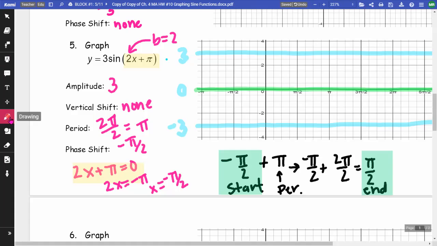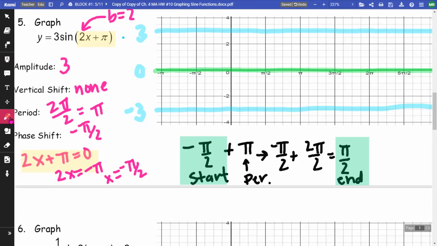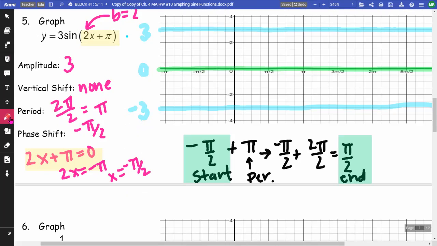So when I'm graphing these, I'm going to be starting at negative pi halves. That's my start. So that's going to be my 0. I am going to be ending at pi halves. That's going to be the end. Halfway in between these, I'm going to be also at a 0.